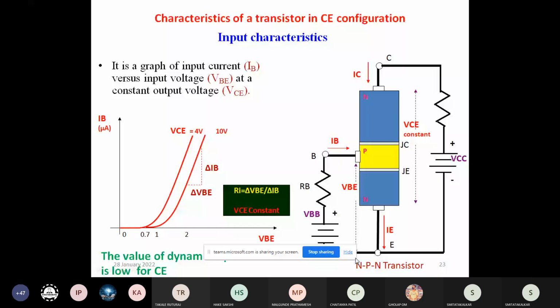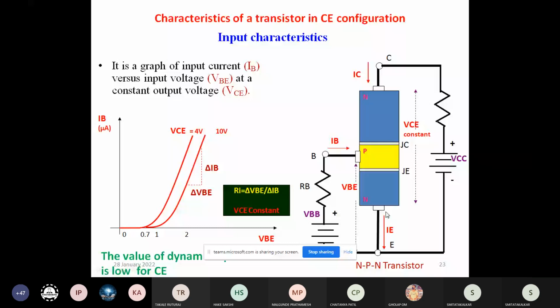And if the current flows through the base, at the junction JC you can find the voltage between the emitter and collector terminals. On the output side, all parts are constant. I am talking only about the input.